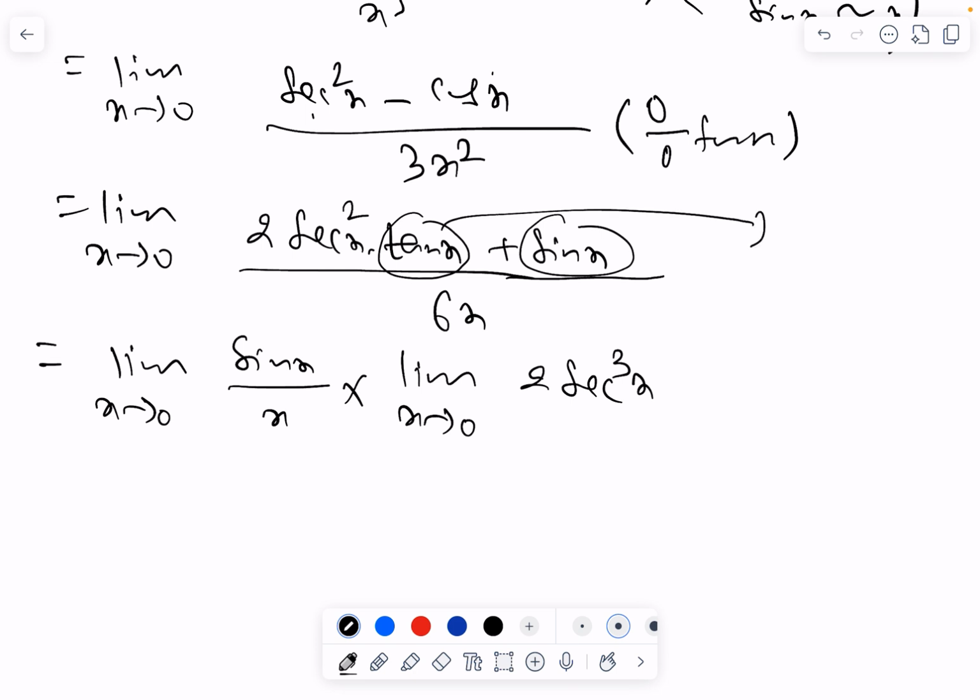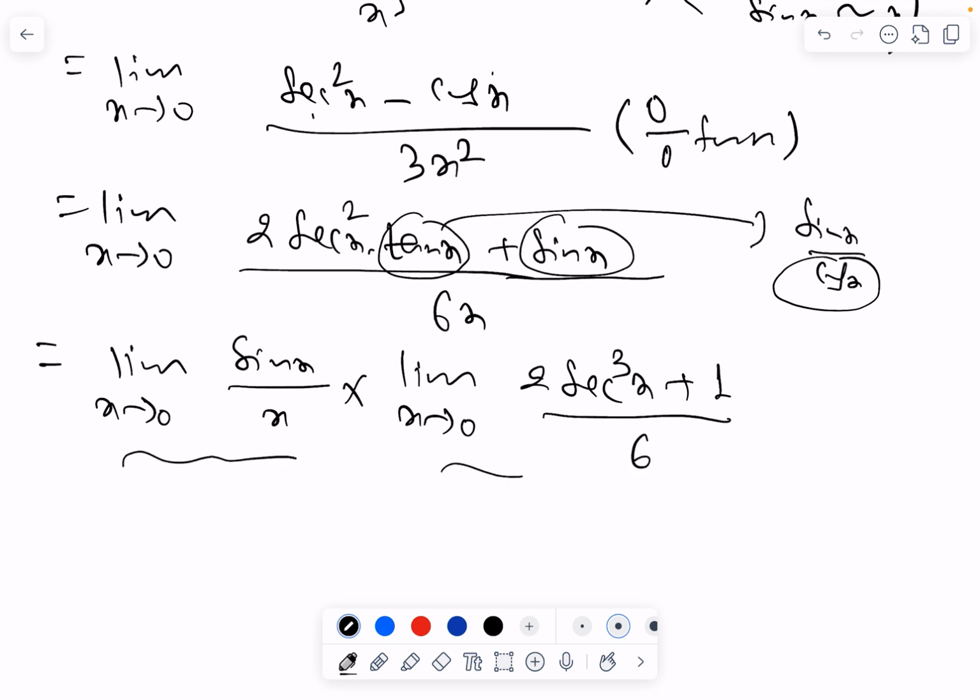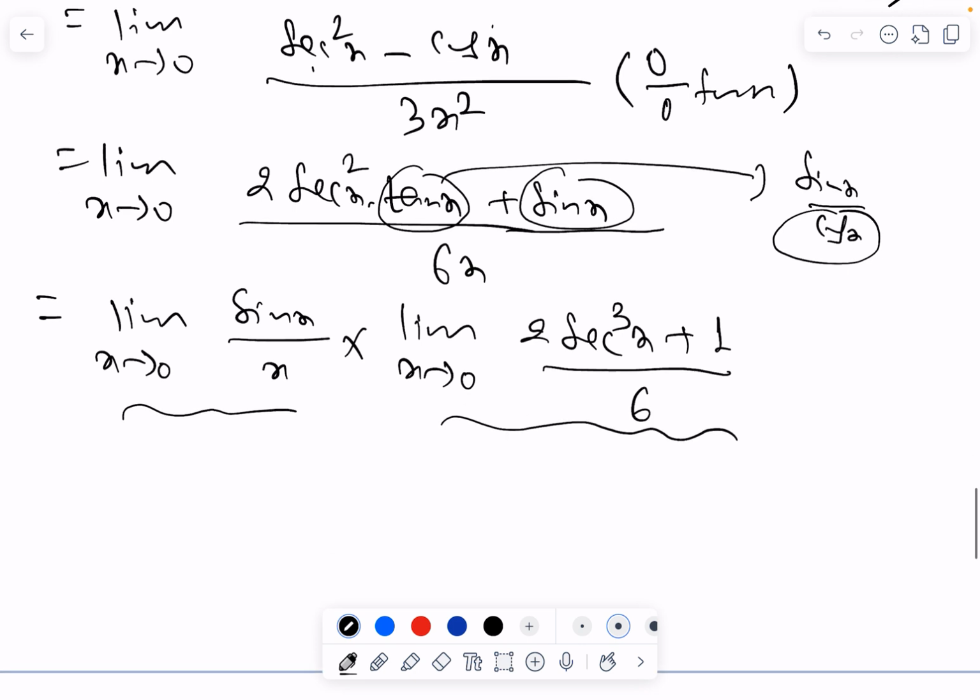So this tan x is sin x by cosine x and 1 upon cosine x is sec x. Now both the limits exist. This limit exists, this also exists. So we can write like this. So this limit is 1 and this is (2 plus 1) by 6. And so that is nothing but 1 by 2.